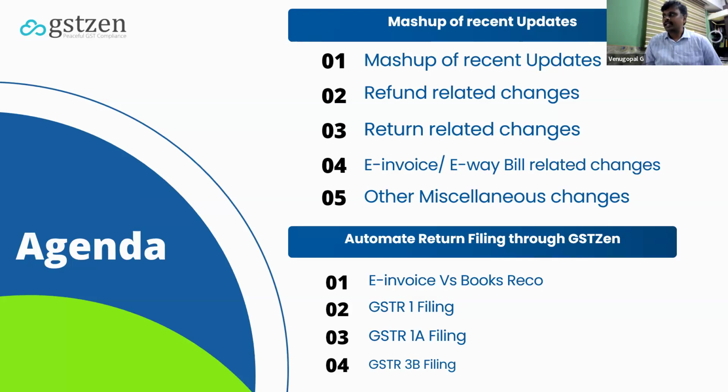And my colleague Manisha would be taking us through how to use the government portal for return filing using GSTZen, getting data from your ERP automatically to a platform, and that platform will send it to the government portal automatically. The automatic process of it is what Manisha is going to explain to us today.